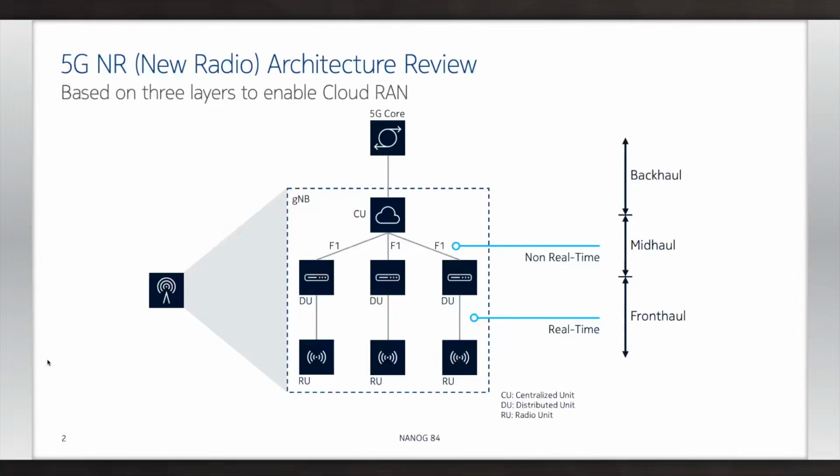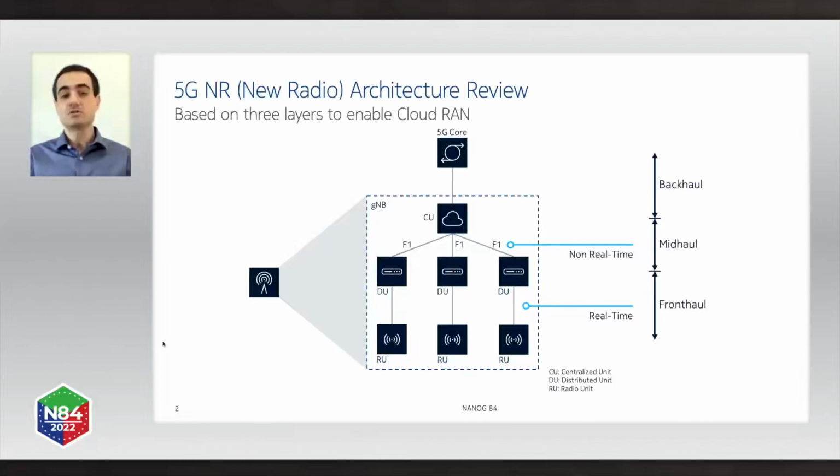Sometimes they're called the non-real-time interface and the real-time interface: the F1 interface for the connection between the DU and the CU, and then the connection between the DU and the RU. The names by which those network segments are better known are fronthaul, for the connection between the RU and the DU; midhaul, the connection between the DU and the CU; and then the connection that already exists today, which is called backhaul.